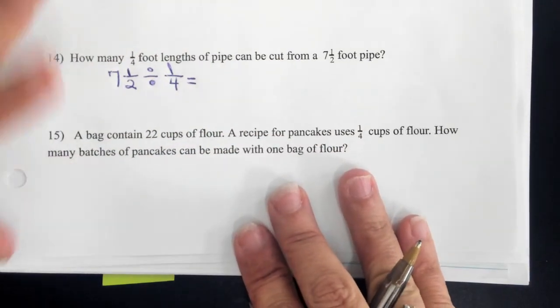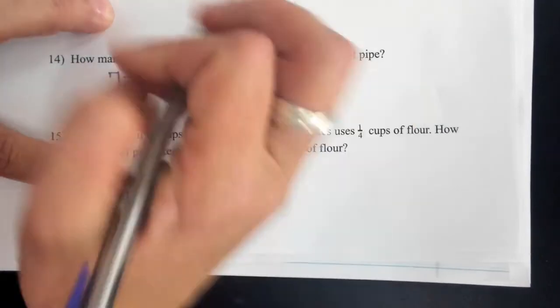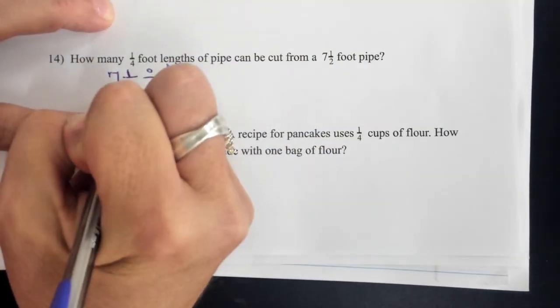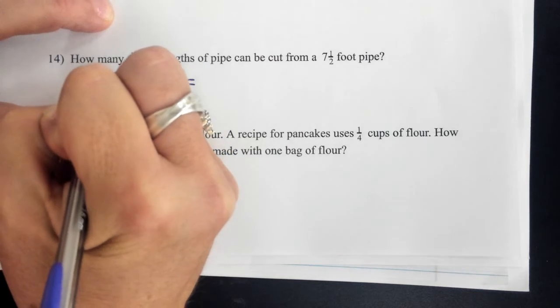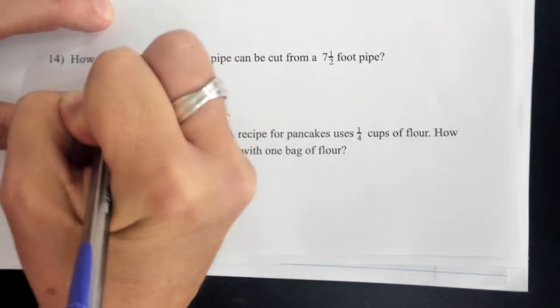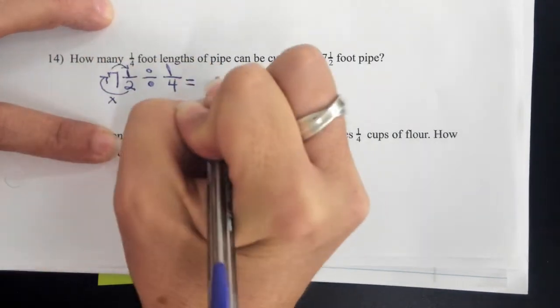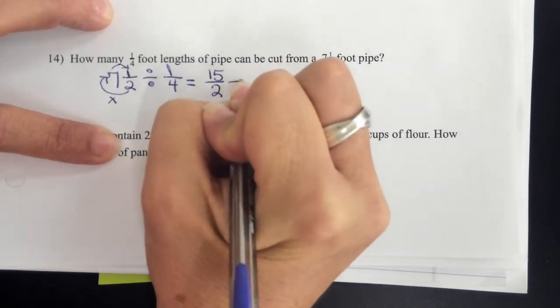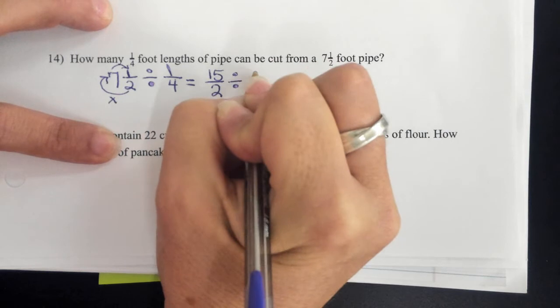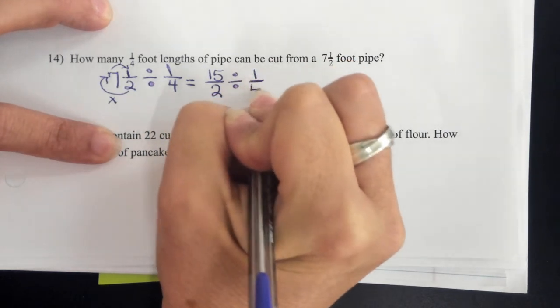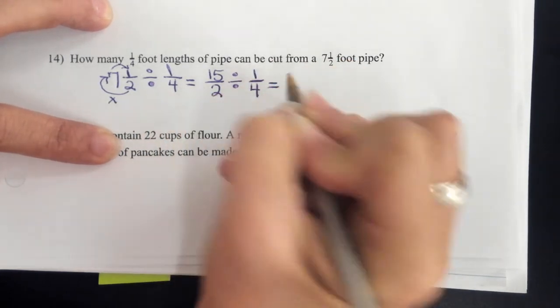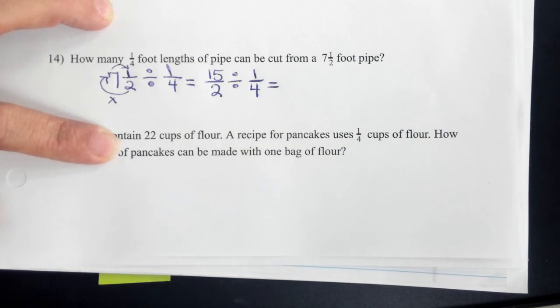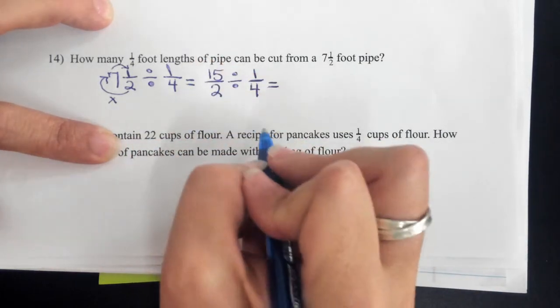Small. Okay, now, so change this. We start out by changing this to a mixed number. 2 times 7 is 14, plus 1, 15 over 2. Keep the division sign. Keep the 1/4. Okay, now we're at the new step of keep, change, flip.